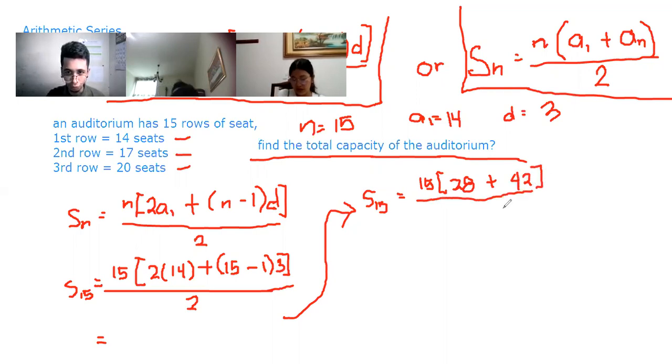Then divide by 2. So we have 15 times 28 plus 42, that will be 70. Tama ba, sir? 70? Tama nga. Over 2.